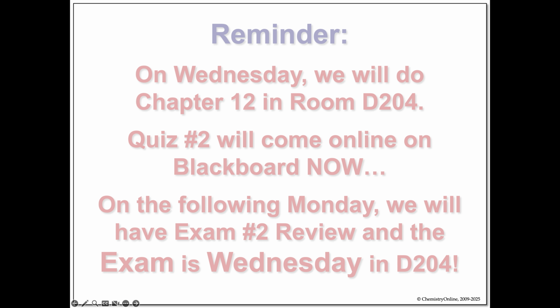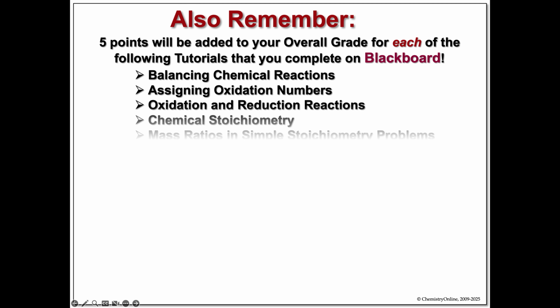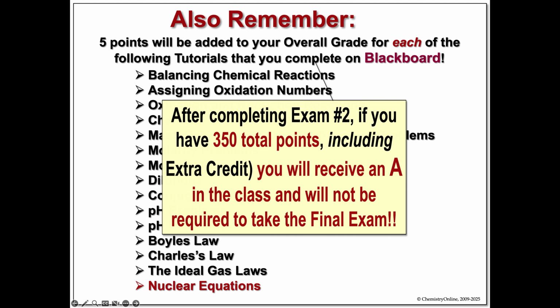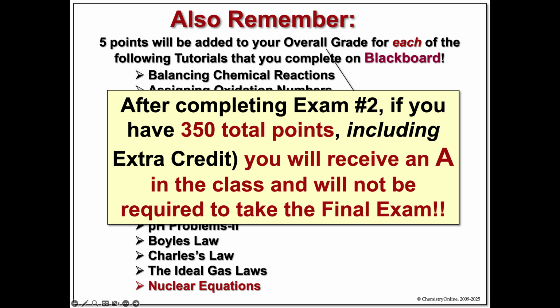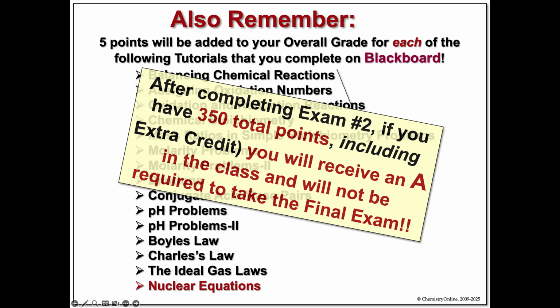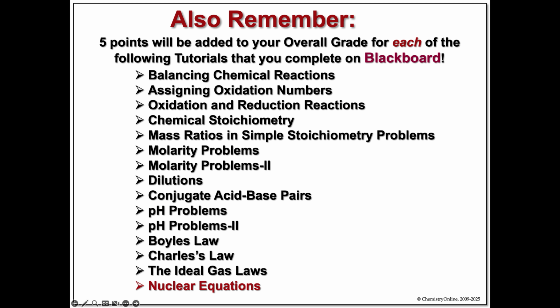And finally, today we added one more tutorial, nuclear equations. 350 are your total points, you get the A and no points. All right, I will see you guys Wednesday for chapter 12.